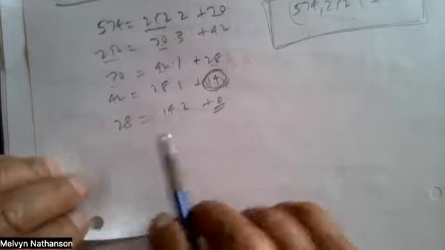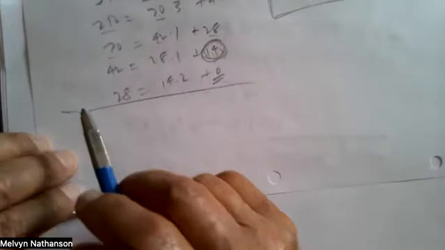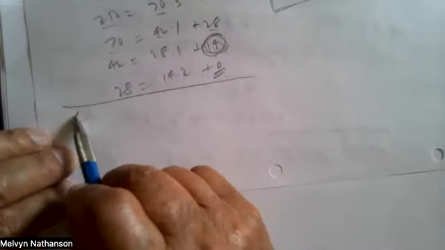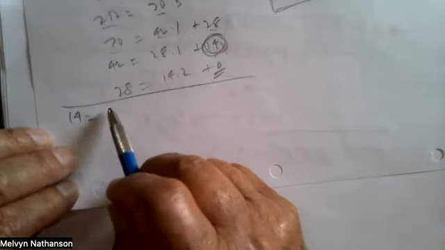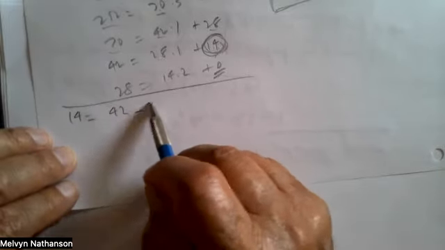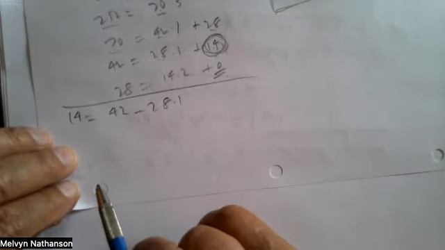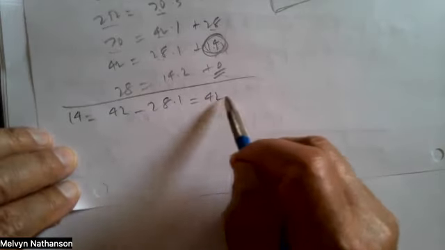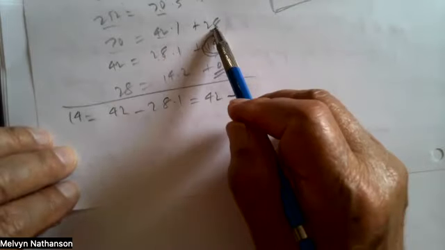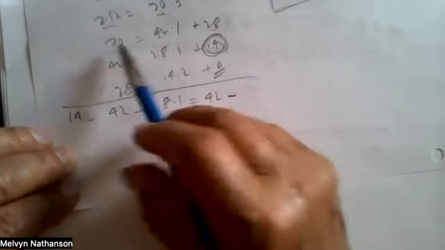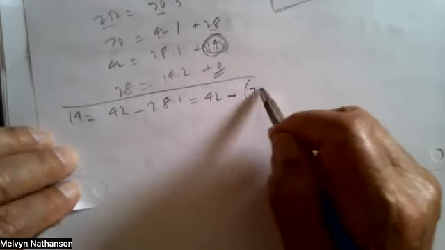So let me see if I have enough space, and I'll do it right here. According to this, 14 is 42 minus 28 times 1. That's 42 minus, but according to this, 28 is 70 minus 42.